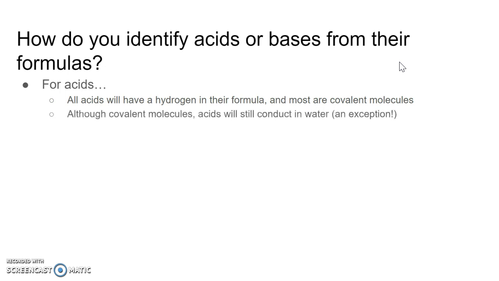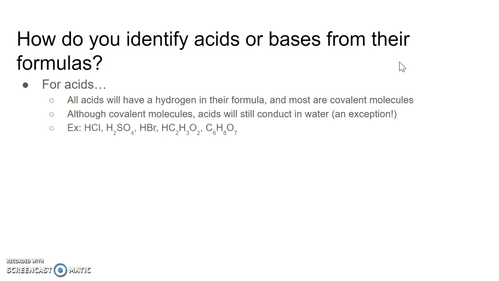Although they're covalent molecules, if you remember back to when we were doing covalent versus ionic compounds, acids will still conduct in water. It's an exception to a lot of those covalent molecule rules. This comes from, crazy enough, the hydrogen that's in their formula. We'll talk more about that in a sec.